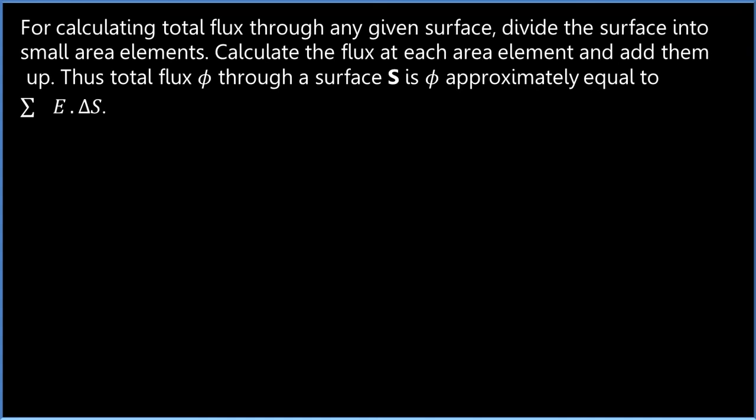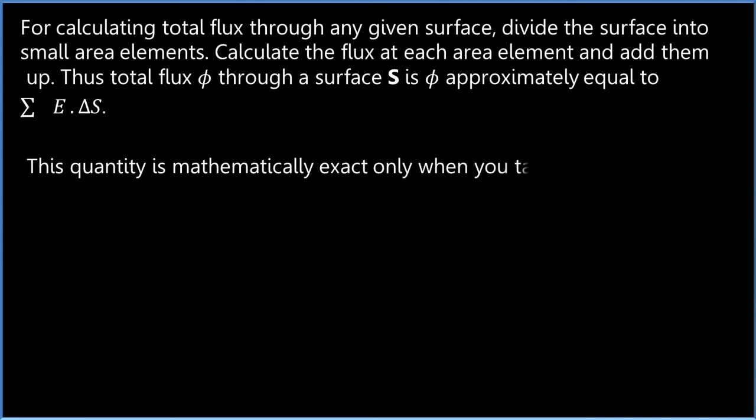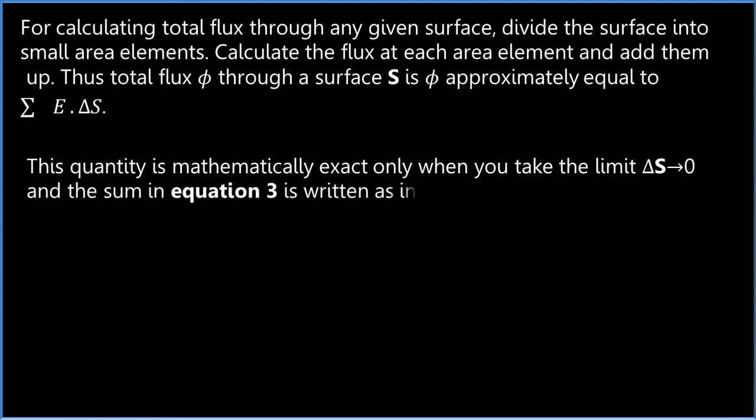Thus, total flux phi through a surface S is approximately equal to the summation of E dot del S. This quantity is mathematically exact only when you take the limit del S tends to 0, and the sum in equation 3 is written as the integral phi is equal to integration of E dot dS.